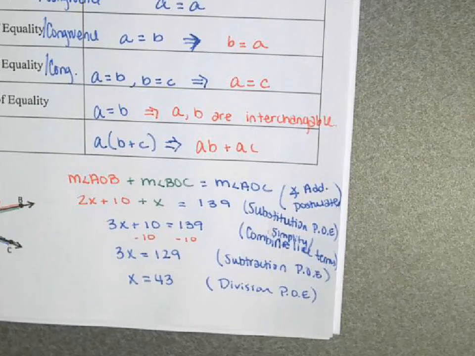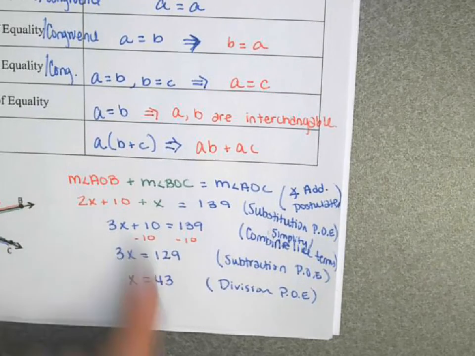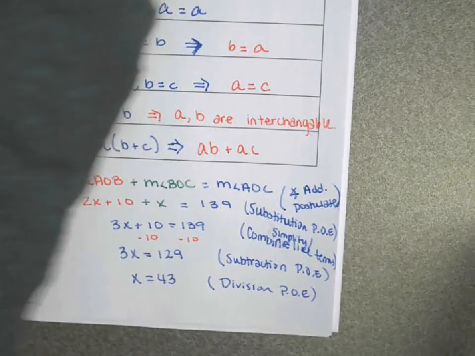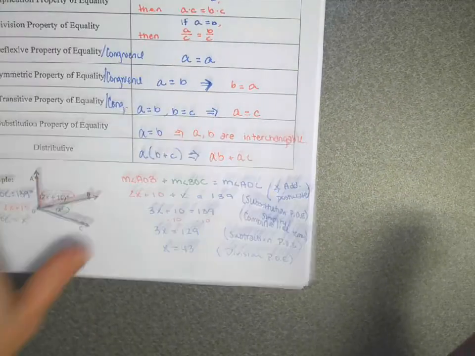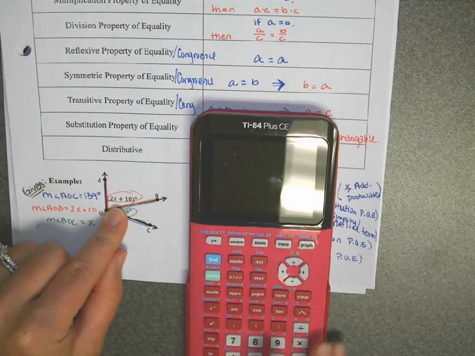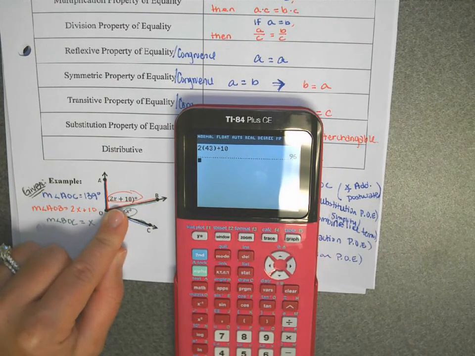I could go back and then plug it in and make sure that my answer and my work here is right. I can plug 43 in, 2 times 43 plus 10 here. You guys can't even see what I'm pointing at. There we go. Okay, so I'll plug in 43. 2 times 43 plus 10. It's 96.